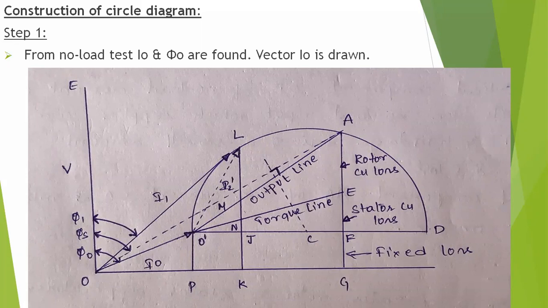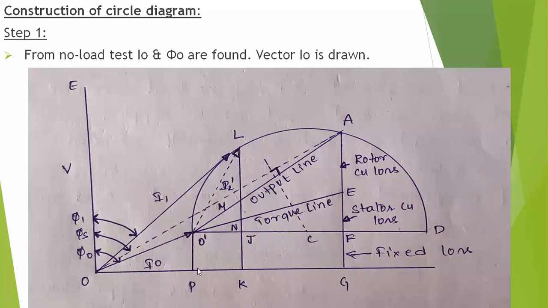So this O dash P represents the no load input. O dash P is the vertical component of the no load current vector. What does O dash P represent?